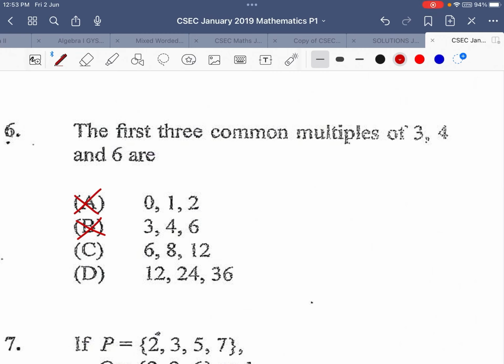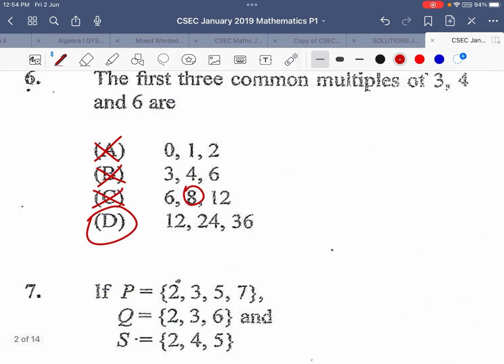And 6, 8, and 12, so 8 here is not a multiple of 6 or 3, and 6 is not a multiple of 4. So A, B, and C are out. By process of elimination, we get to D. You can use that to eliminate all the wrong options, because sometimes that might be faster than actually doing the question and figuring out the common multiples.